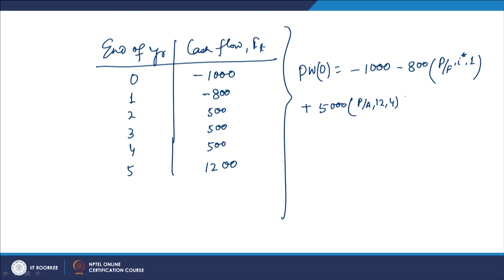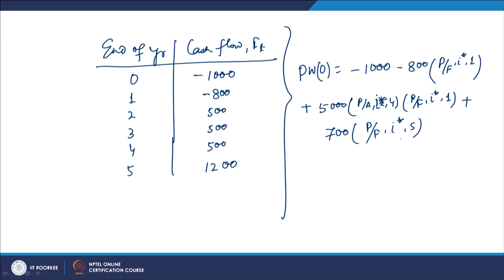Then the 700 remaining here will be multiplied with P/F, i*, 5 periods.